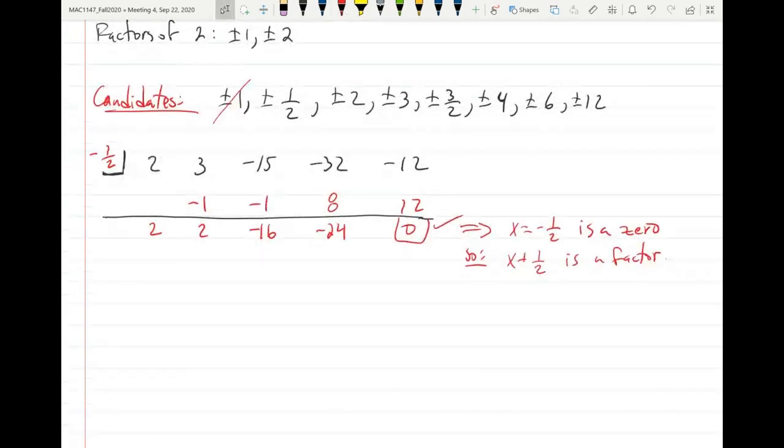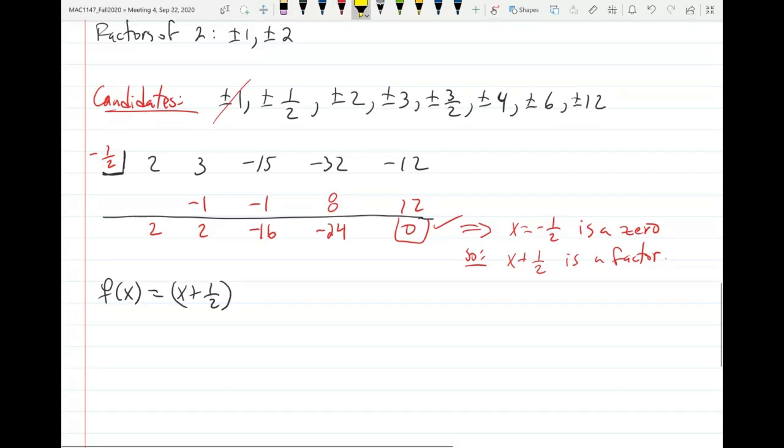In other words, instead of trying here, since I already found a 0, I'm going to factor my polynomial. So I know that this is going to be x plus 1/2 times something. What is that something? Well, I'm going to use this right here. So what's the polynomial that we get?